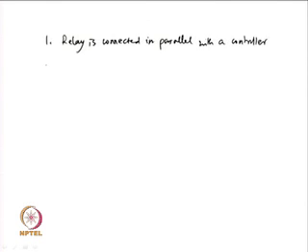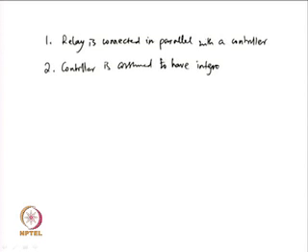The relay is permanently connected in parallel with a controller, and the controller is assumed to have integral action. So, what type of controller do we have to use? Either a PI or PID or I controller.